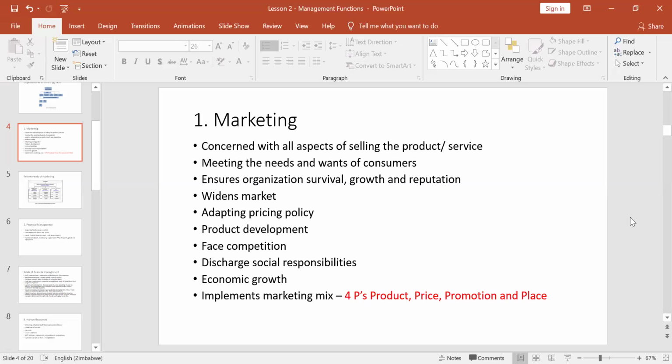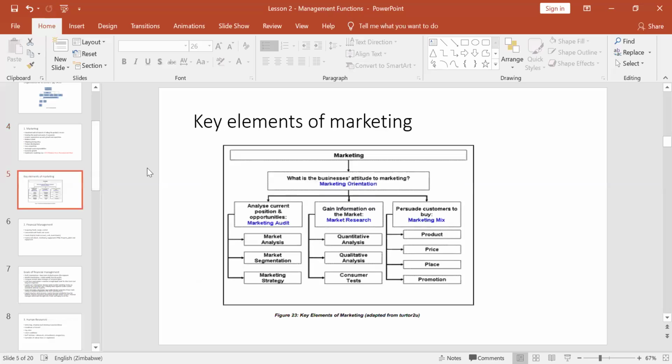And price, remember, we are not just saying it should be cheap, but it should align with the quality or the reputation that they want to portray, the promotion, how do they get the message across to the consumers, and then the place is where they distribute those products that they have. So that's one of the most common functions within organizations, the marketing function.